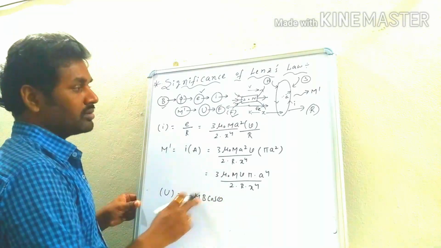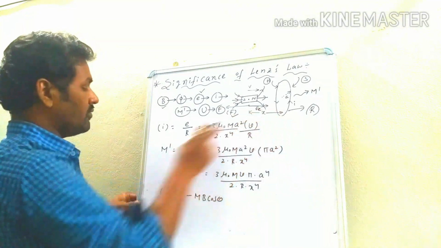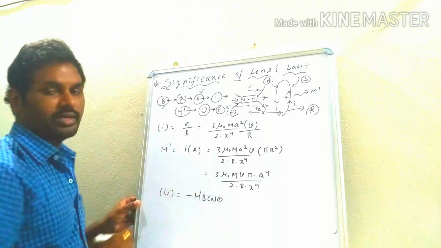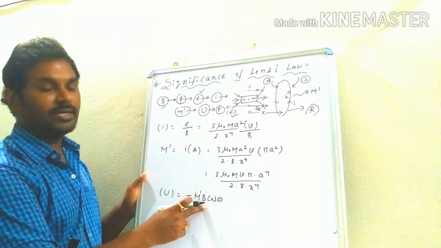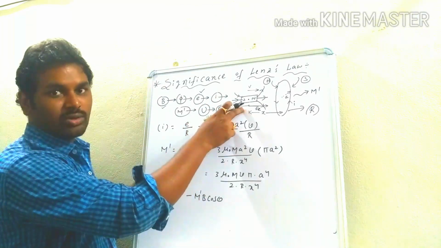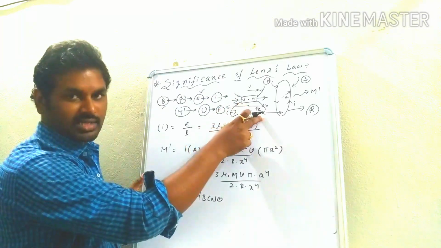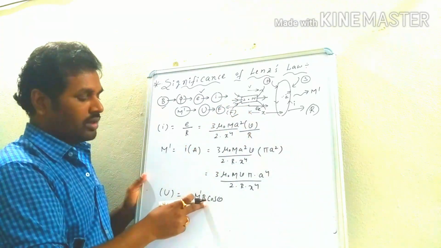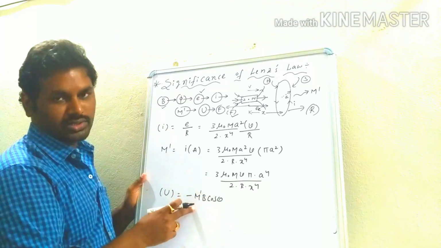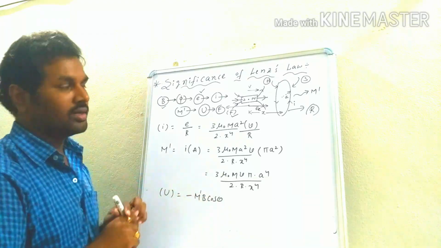So what is M here? The magnetic moment of this coil, which is taken as M dash. So write M dash here. What is B? The magnetic induction of this bar magnet at a distance x. Already we know this one. And theta is the angle between these two. So how much is the angle?